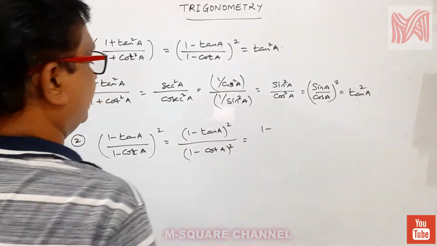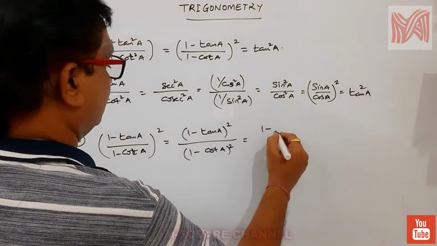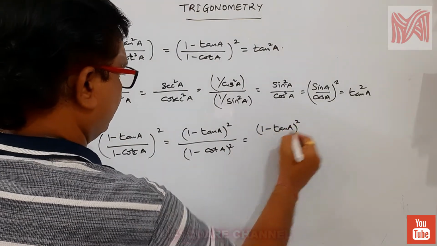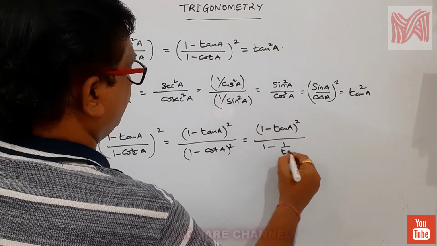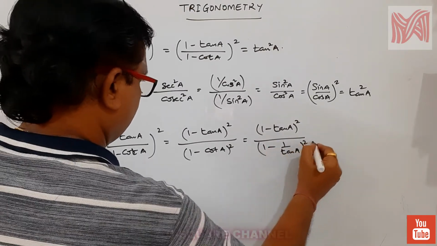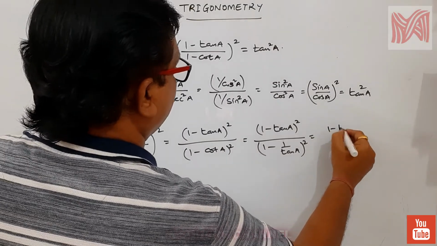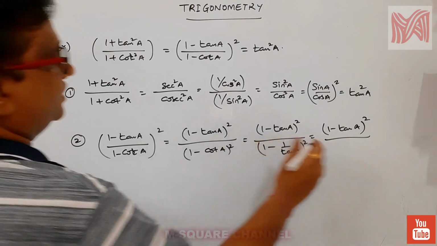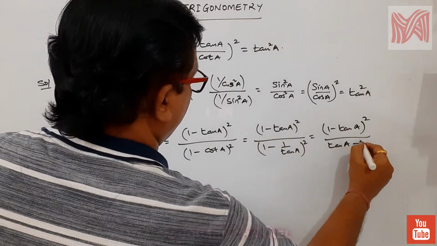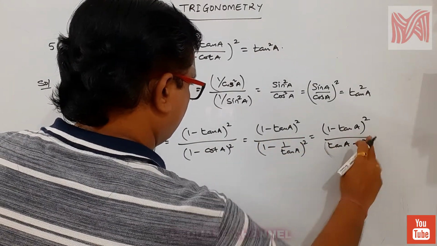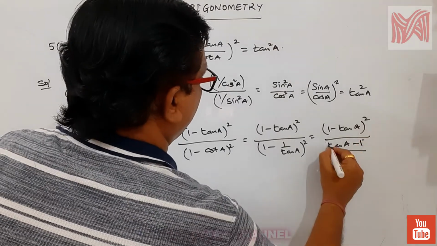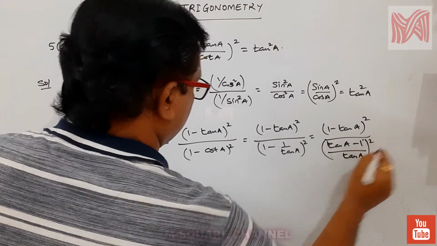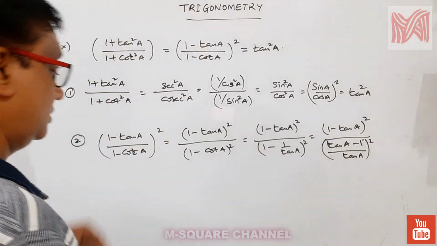So 1 minus tan A whole square by 1 minus 1 by tan A whole square. That is 1 minus tan A whole square by tan A minus 1 by tan A, whole square. This is the denominator.